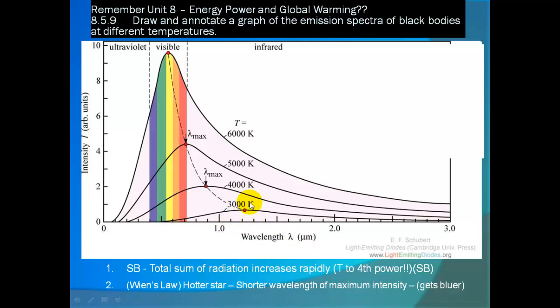When you have a body which is 6000 Kelvin like our Sun, it's going to be 0.5, 0.6 micrometers. So the higher the temperature, the shorter the wavelength.